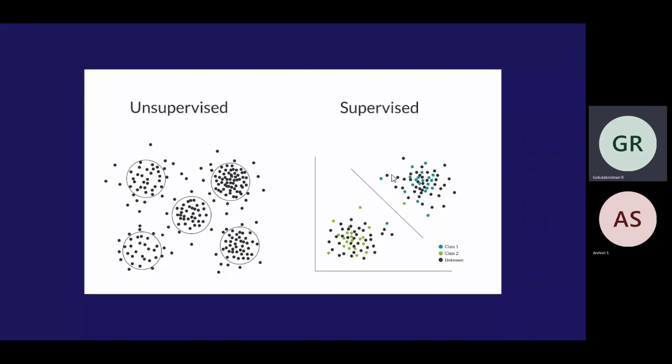You know that before training. But in unsupervised learning, we don't have the set of labels, right? So we don't even know what classes to divide this into. We just put all the data points which are closer into one class. That is what is known as unsupervised learning, and obviously unsupervised learning is tougher than supervised learning.